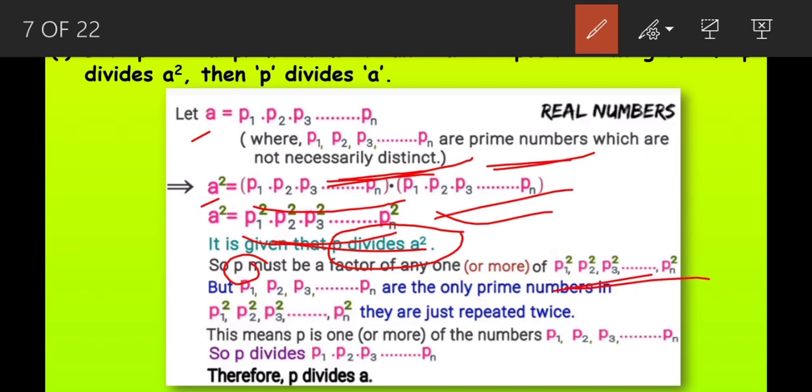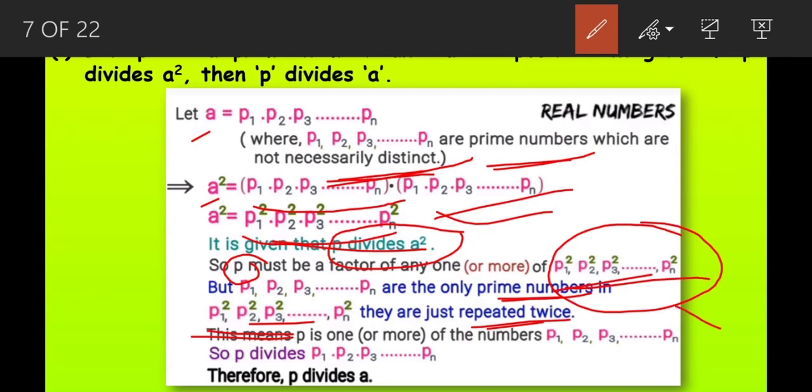But p1, p2, p3, pn are all prime numbers. That means in p1 square, p2 square, they are just repeated twice. So we have said that p is a factor of p1 square, p2 square, p3 square, but these are all just repeated.